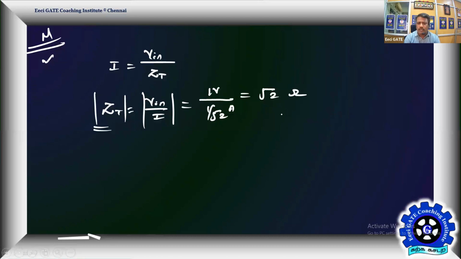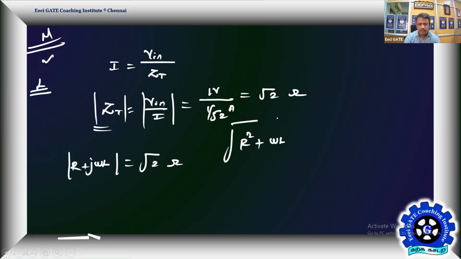So the total impedance must be equal to root 2 ohms. Already we have fixed that it is an inductor. Therefore it is going to be R plus j omega L. This magnitude should be equal to root 2 ohms. Square both sides. Root of R square plus omega L square should be equal to root 2 by the magnitude way, and squaring both sides, R square plus omega L whole square should be equal to 2.